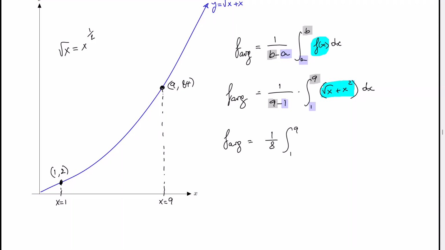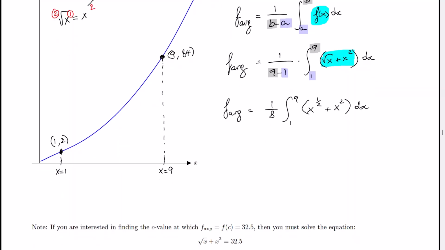Why is it 1/2? Because there's a 1 here and an invisible 2 on the outside. The 1 on the inside goes in the numerator and the 2 on the outside goes in the denominator. So square root of x is really just simply x to the 1/2. And x squared, I don't have a problem with that yet, so it's going to wait for a little bit while we rewrite the square root of x.